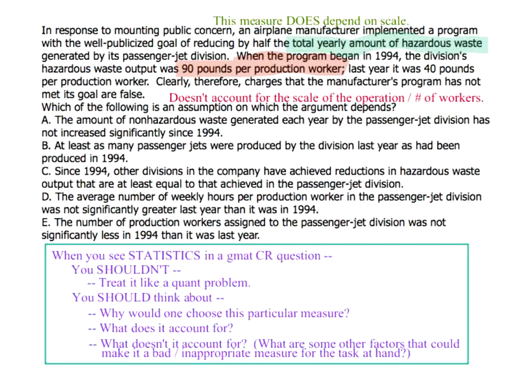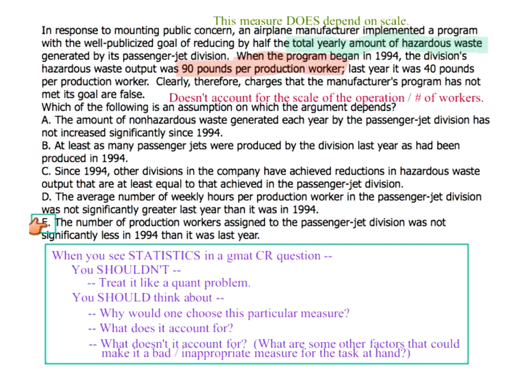Anyways, you've got this discrepancy between the scale of the operation and not the scale of the operation. So we need a choice that has to do with the scale of the operation, and that would be this one. Because if you have a total, you have to assume there's not a big change in the number of workers. You can think about this the way you think about assumption questions often, which is negating it, making it false.